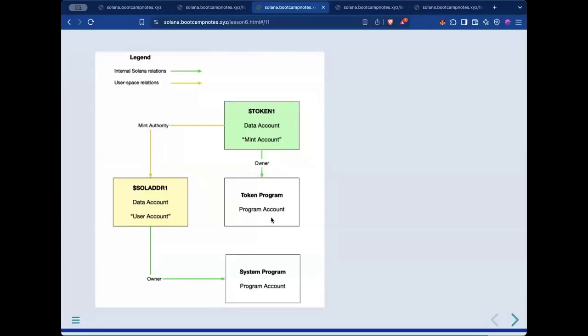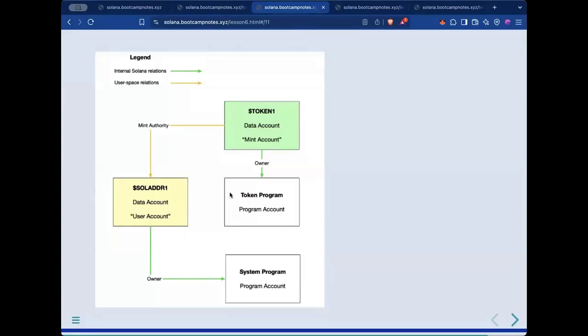This is the program that is supplied by Solana that is providing the functionality for all tokens. And what we do is we want to create a token of a particular type, and so we need an account. We need to store some metadata that is going to describe this token in general.